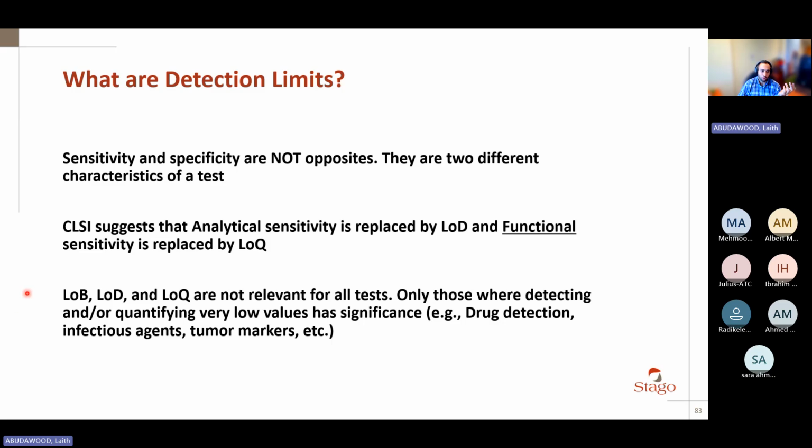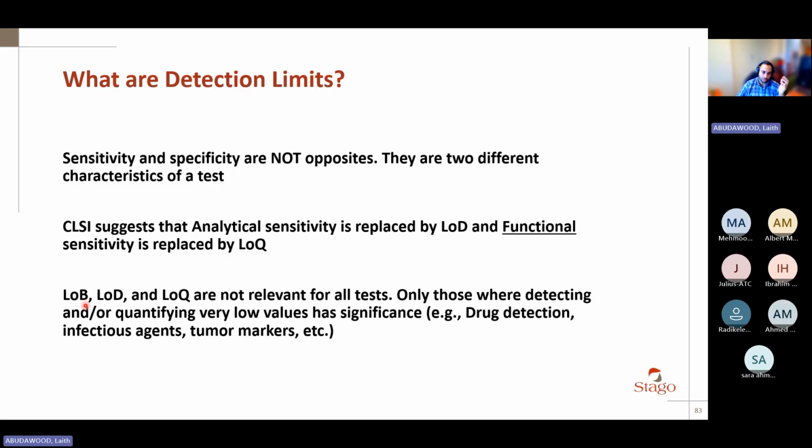The concept of LOB does not even apply because I'm not measuring a concentration of something. I'm measuring the activity of my coagulation factors, so it doesn't make sense to use an LOB or an LOD. It's just that my PT did not clot. That's all I need to know. So for coagulation, it's almost insignificant to know LOB.